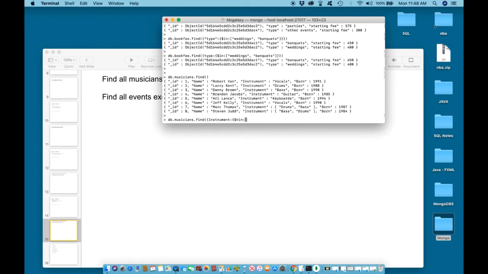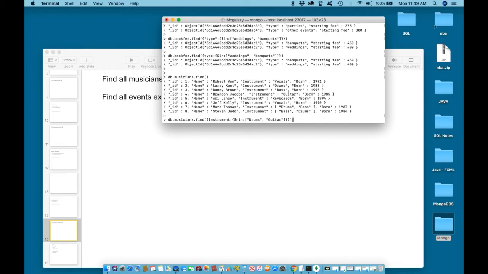We are still searching by an array. Therefore, we need to use square brackets, the name of the values separated by comma. Closing square bracket, closing curly brackets, closing parenthesis.